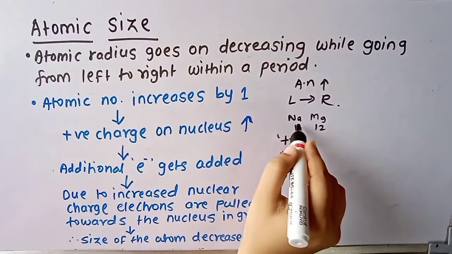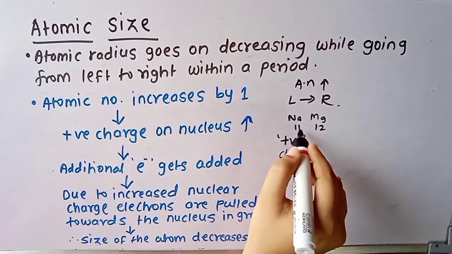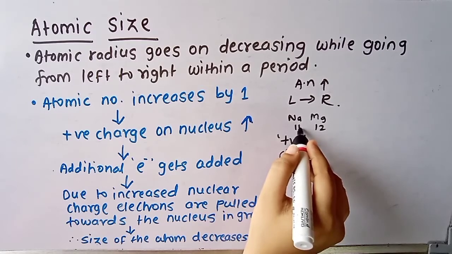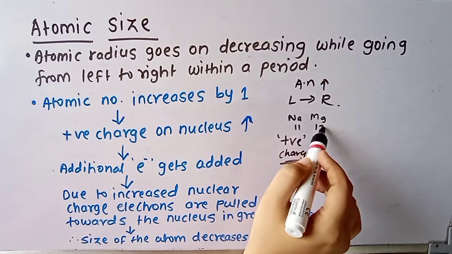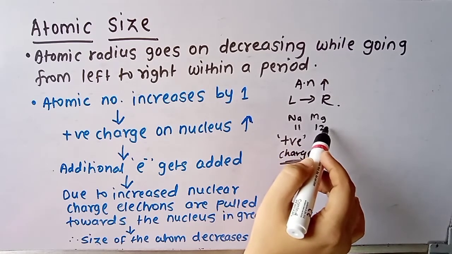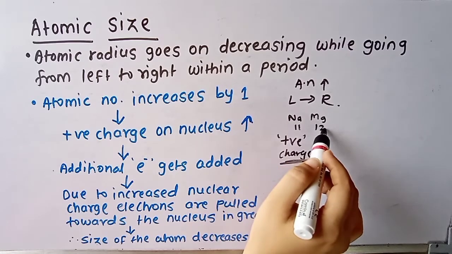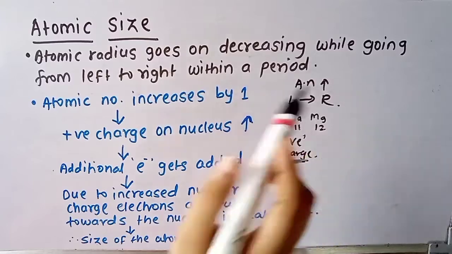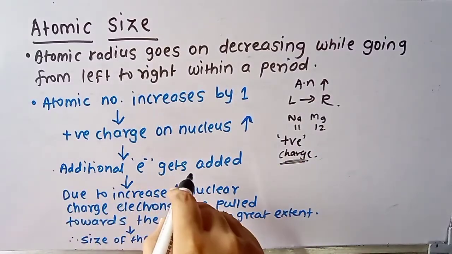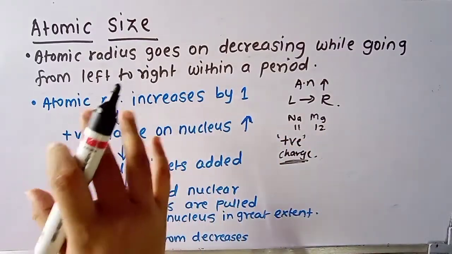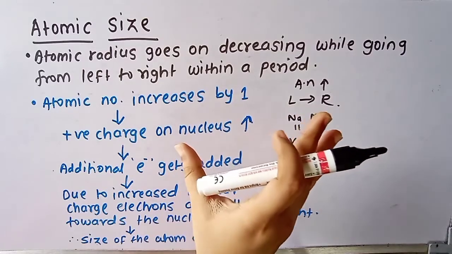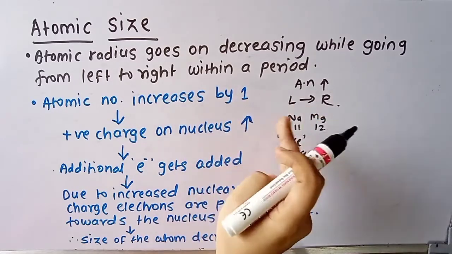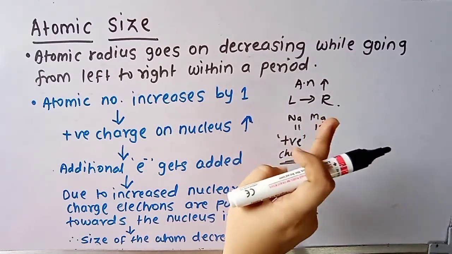In sodium, how many electrons are there in the last orbit? In the third orbit there is one electron only. And in magnesium there are two electrons, means one electron gets added. So likewise it is happening for the rest of the elements. Additional electrons get added in the outermost shell, one at a time.